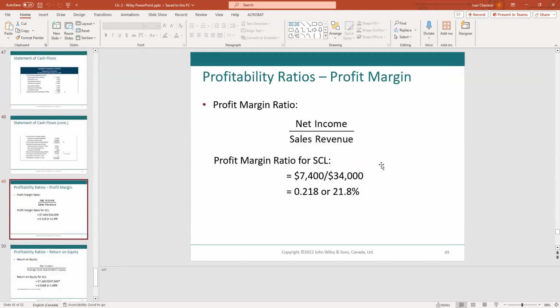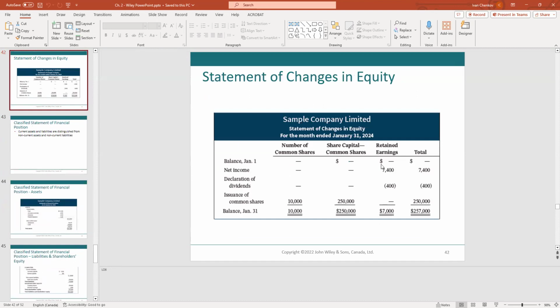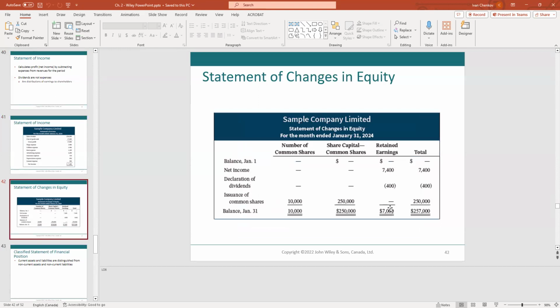Why are we doing all those statements? Because we want to analyze how the company performed. Does the company have the ability to generate income? We want to see the revenue minus expenses. Is there any value for the shareholders in the company?